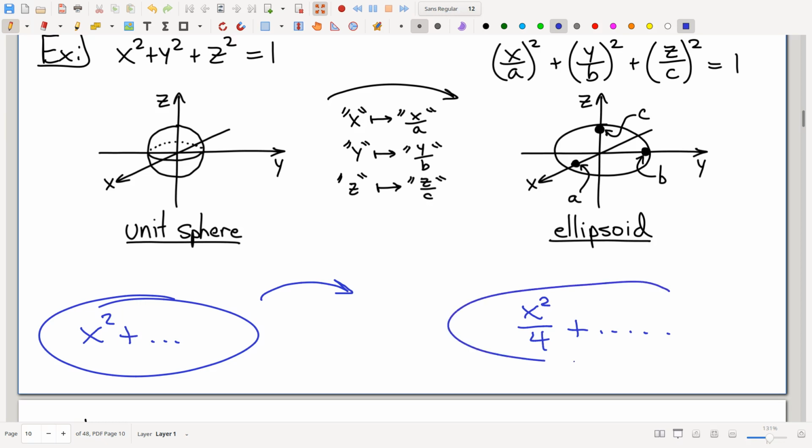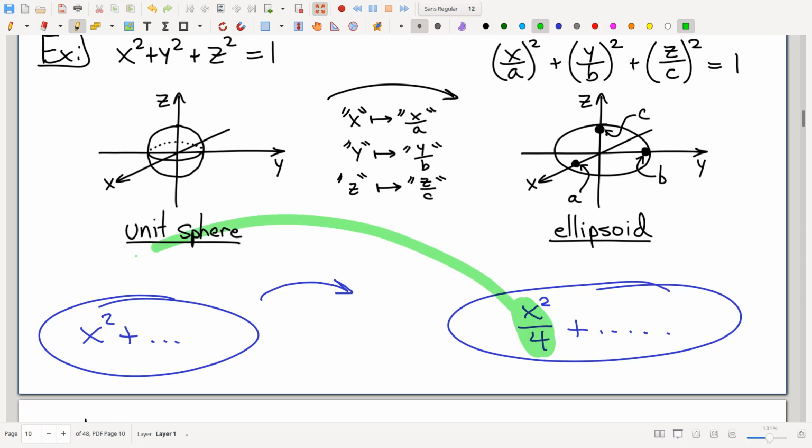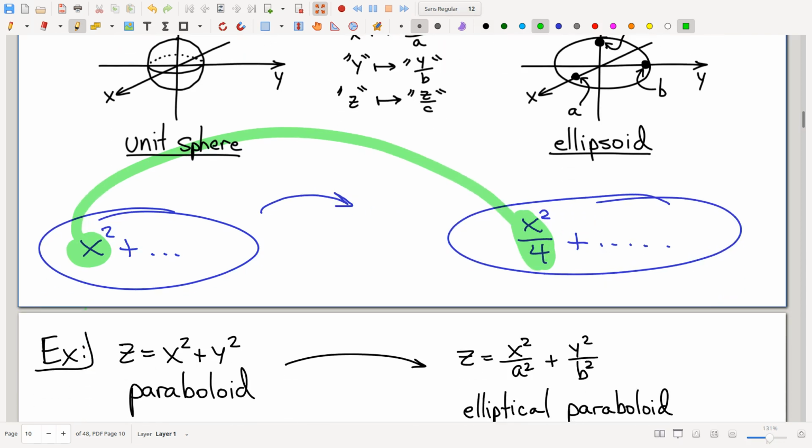Right? So what is the substitution that happens here? A lot of students get this wrong. A lot of students see, typographically, this x over 4 right there, and they think, oh, okay, I guess I replaced x with x over 4. But no. That's not how.